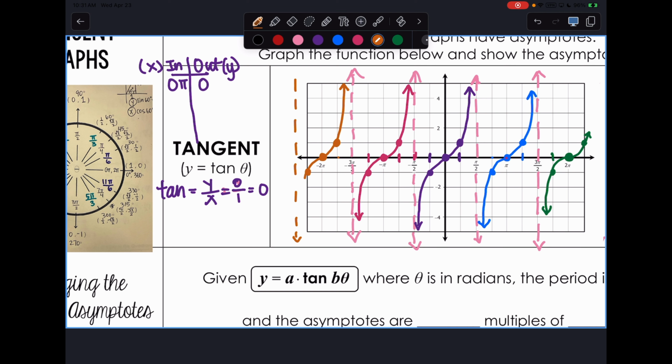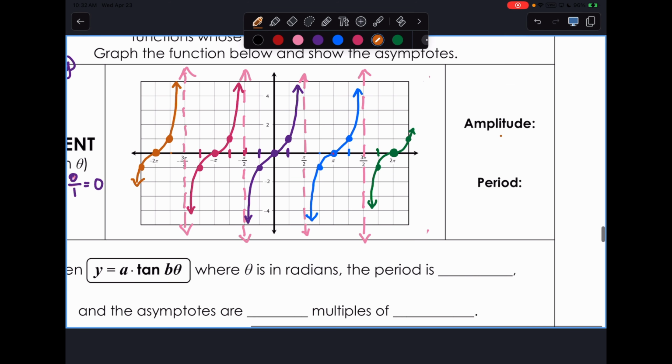There's my negative side. It would keep going. You don't have to graph it. I just need to stop it about here. And I don't need all these asymptotes anymore. So there it is. What do you think? It's not as bad as you thought it would be, right?